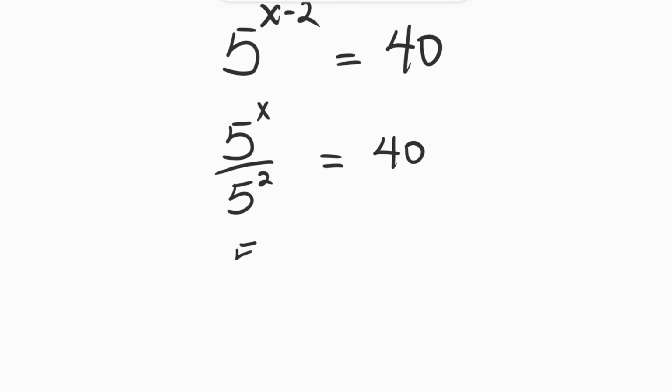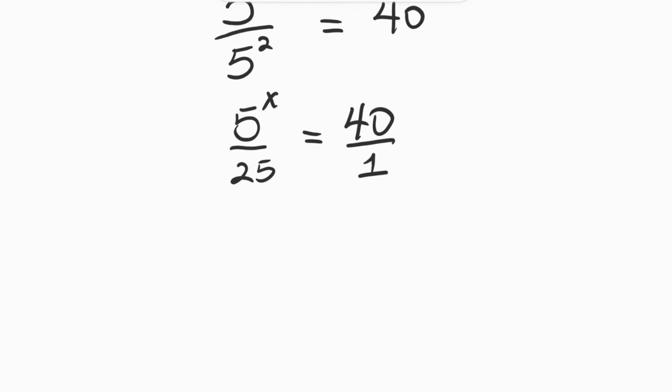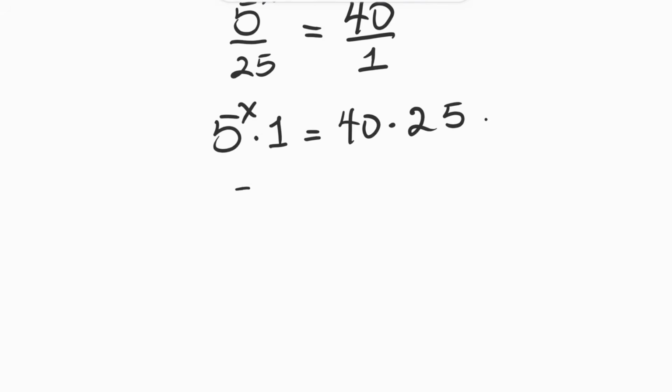So we have that 5 raised to the power x over 5 squared, which is 25, is equal to 40. 40 is the same thing as 40 over 1. So now when we cross multiply, we have 5 raised to the power x times 1 equals 40 times 25.